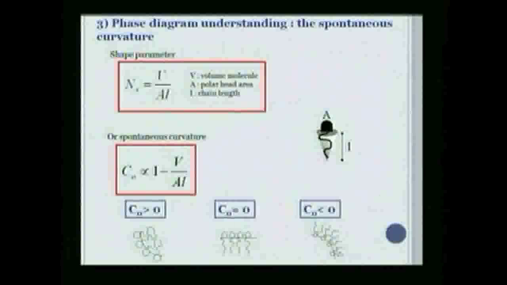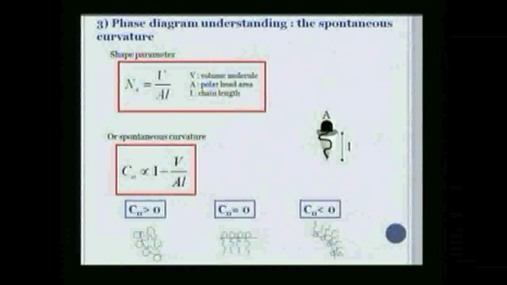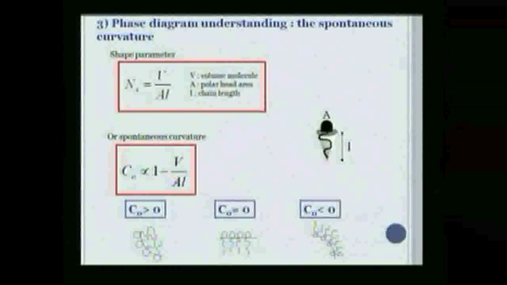And when you go from this to this, going through 0, so here you have direct micelles, okay? You form direct micelles, spherical micelles. Here you form inverse micelles, and in between you will find typically the lamellar phase, for example, the planes, okay?